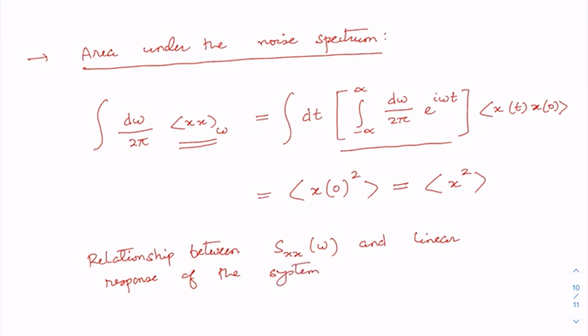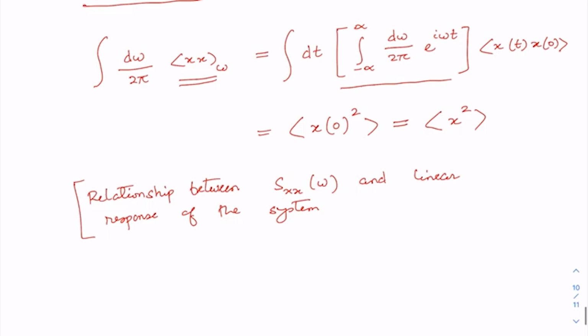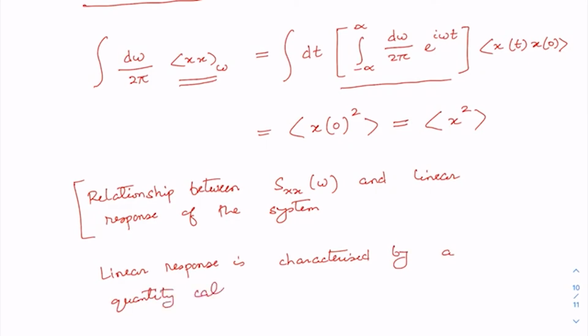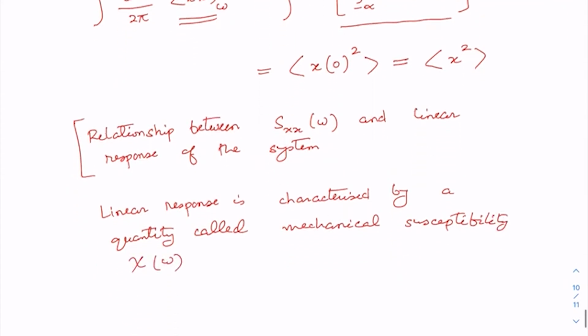Now this linear response of the system is characterized by a quantity called the susceptibility of the mechanical oscillator. So linear response is characterized, I will explain it, by a quantity called mechanical susceptibility, and it is denoted by chi of omega at a particular frequency.